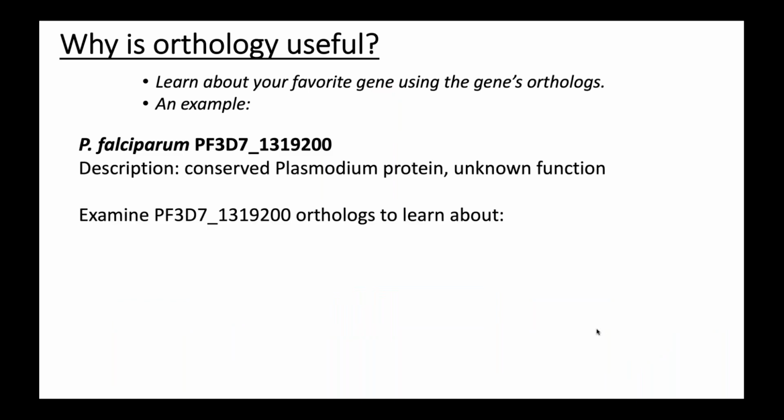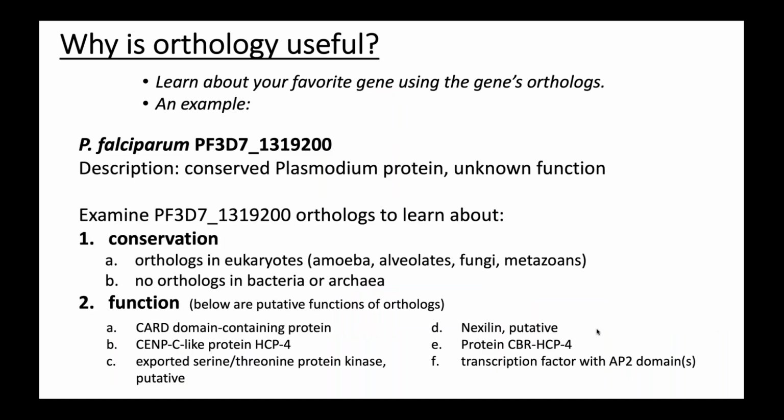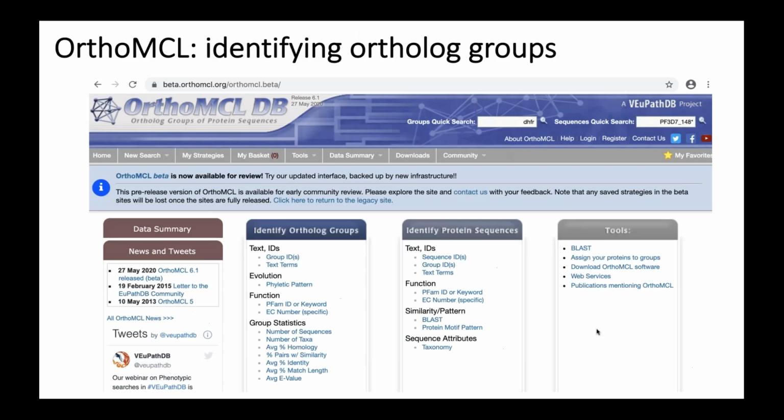So we talked about why orthology is useful. And now I'm going to introduce you to OrthoMCL. I see that many of you have gone to our genomic sites like PlasmoDB and TriTrypDB, etc. But we also maintain OrthoMCL, which you can find at this URL right here.